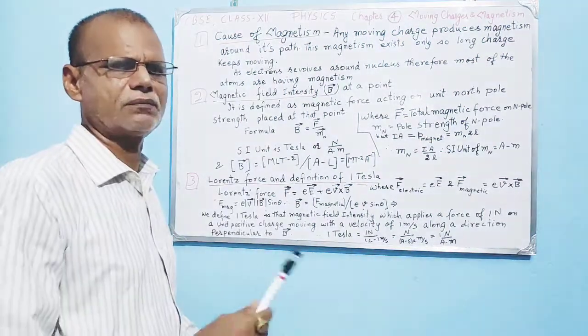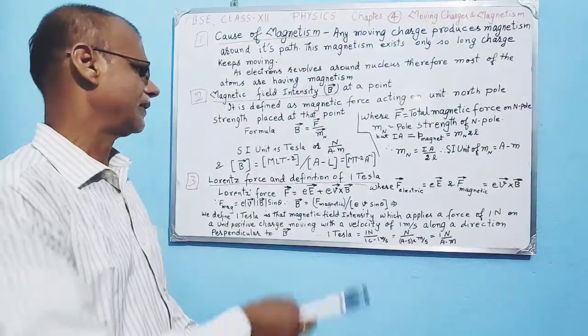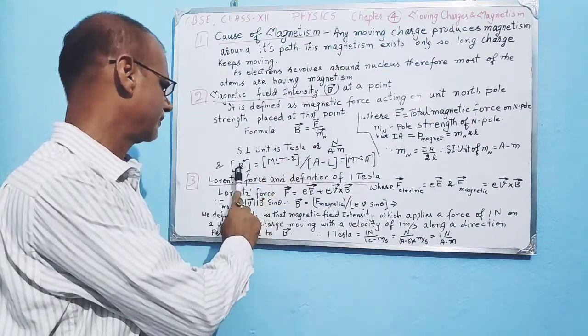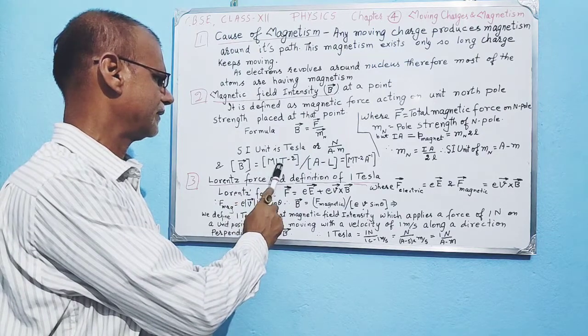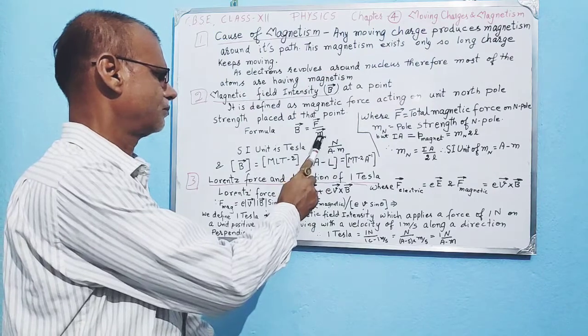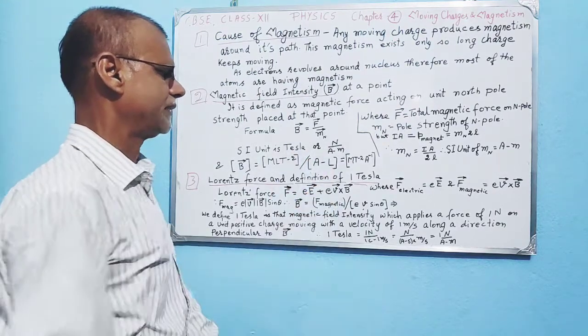The SI unit for magnetic field intensity is Tesla, and from this definition, for force you have the unit Newton, and the pole strength is given by ampere meter.